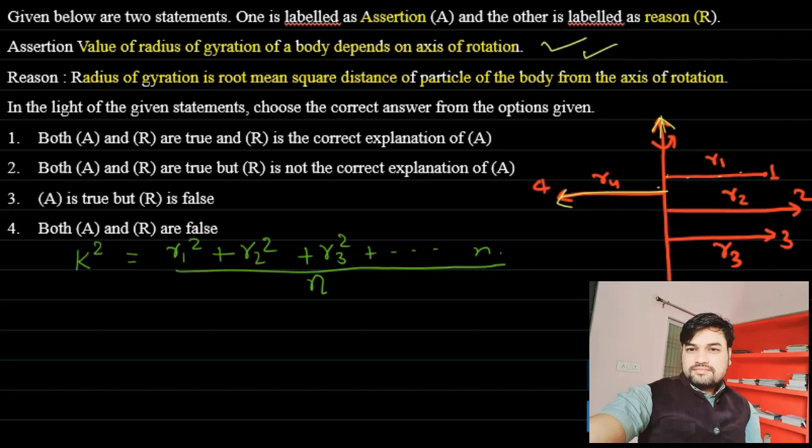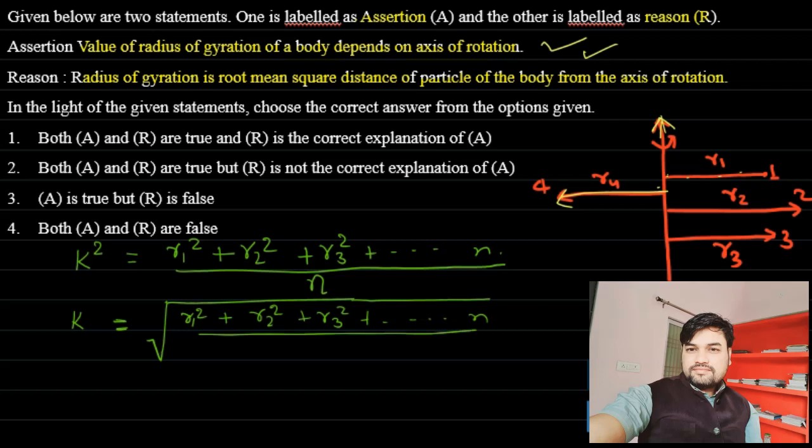So what can we write for the radius of gyration? Radius of gyration K is the square root of r1 square plus r2 square plus r3 square, and so on for n number of particles, divided by n.